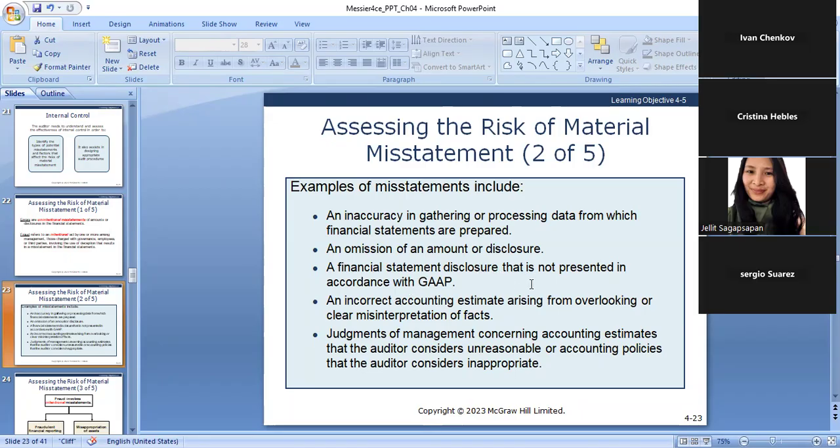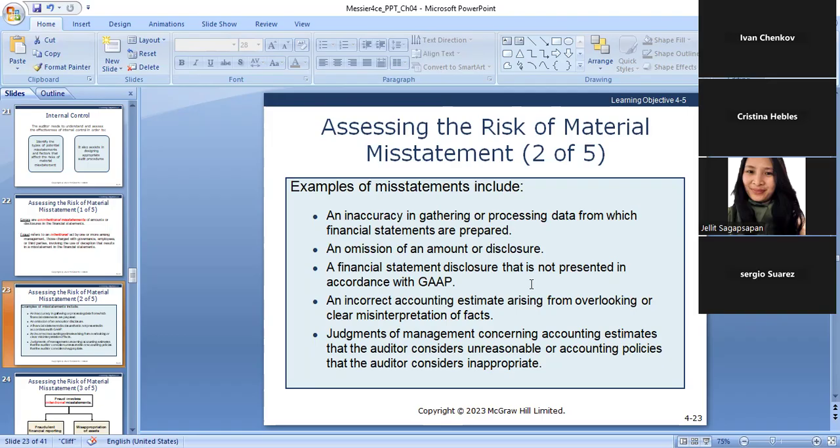Question, Prof. So in here, you're assessing the internal control of the business, right? No. With this one, we have in mind both the inherent and control risk, but we're trying to come up with the material misstatement here.